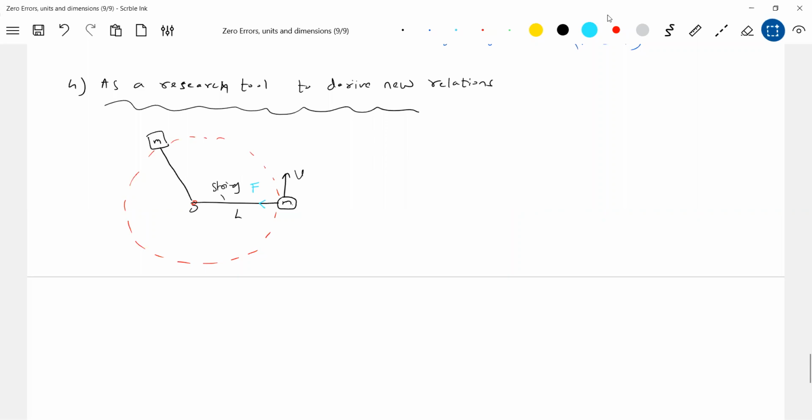So F should be related to some alpha, mass to the power x, velocity to the power y, and length to the power z. The student doesn't know anything, he will write like this. What is alpha? Alpha may be some constant, I'm not sure. Then shall we go for the dimensions?